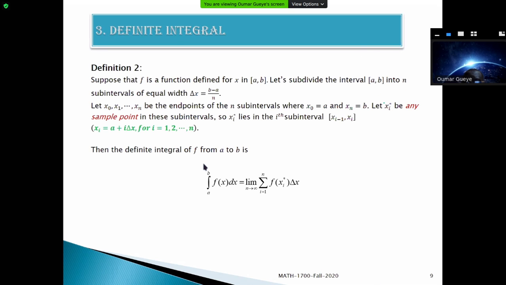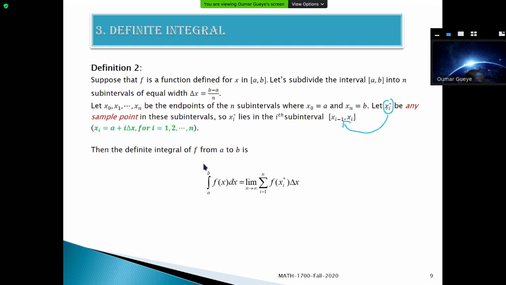The xi star is from this interval. So it means the xi star could be any number from this interval. And at the end of the day, you will get the same solution if the function is integrable. So it means the integral does not depend on how you choose your xi.